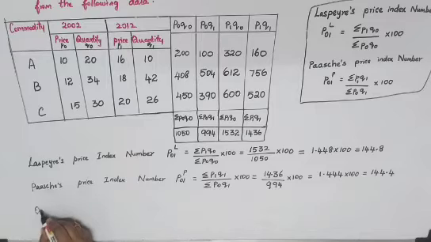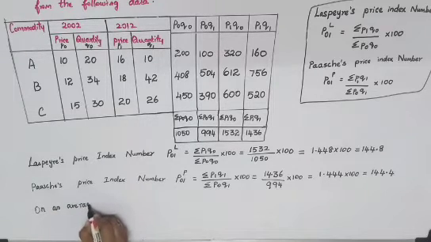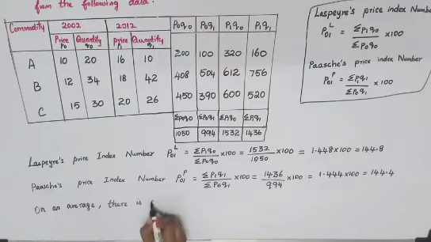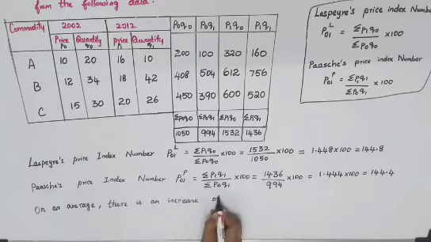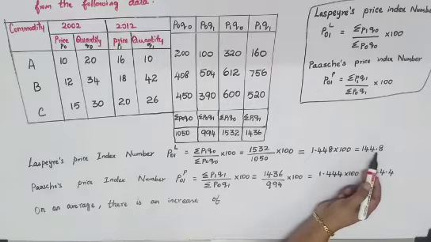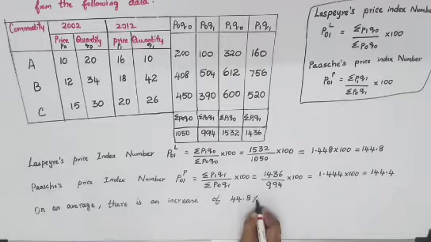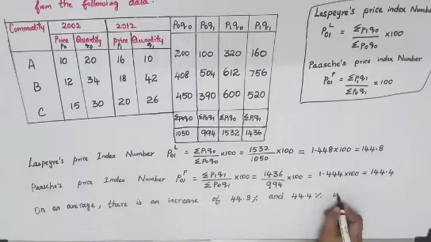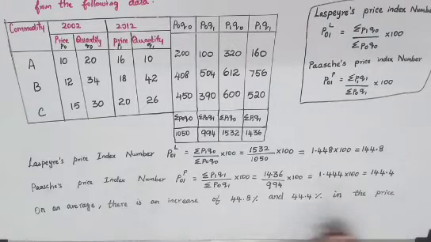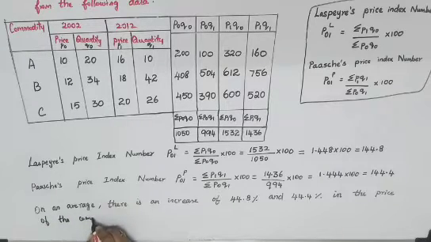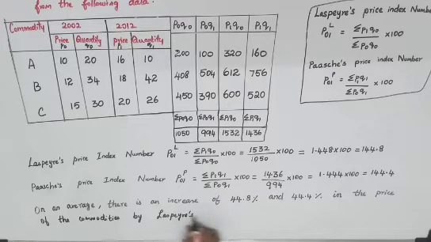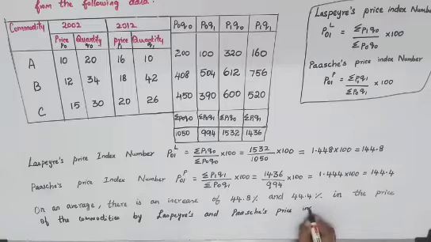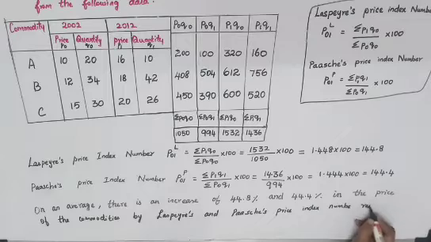So the total conclusion, you can write it as, on average there is an increase of, here 100 is your percentage, so 44.8 percentage, and here again 44.4 percentage, in the price of the commodities by Laspeyres and Paasche's price index number respectively.